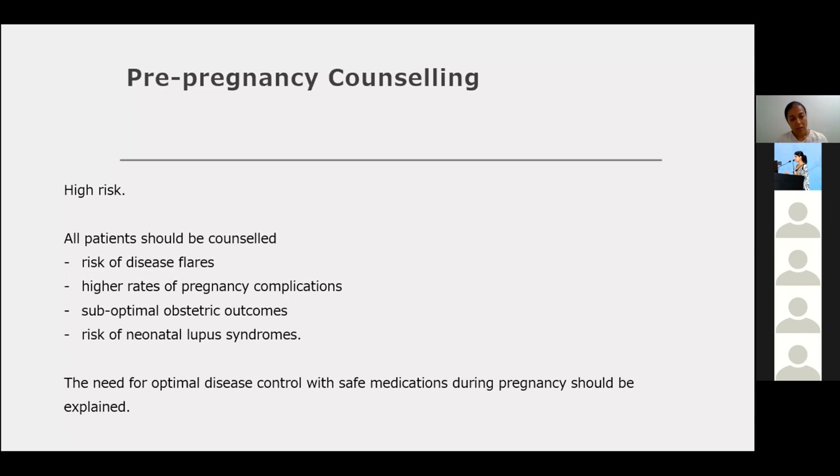And there are suboptimal obstetric outcomes as well, like miscarriages, IUGR, fetal deaths, and finally, the risk of neonatal lupus syndromes. The patient should be told that the drugs should be continued and the disease should be kept controlled with safe medications during pregnancy.